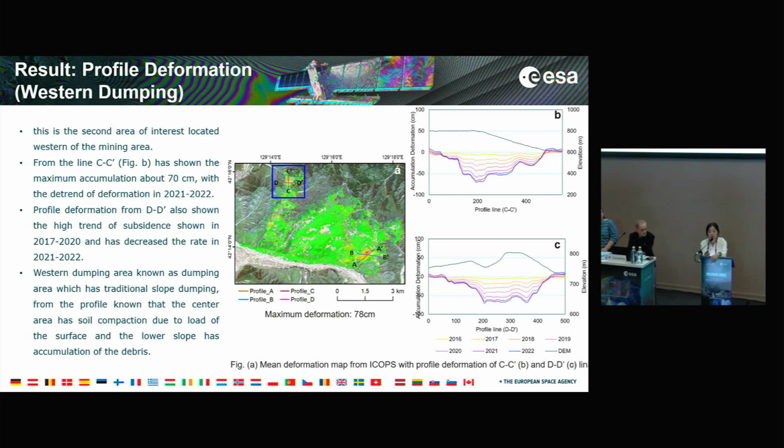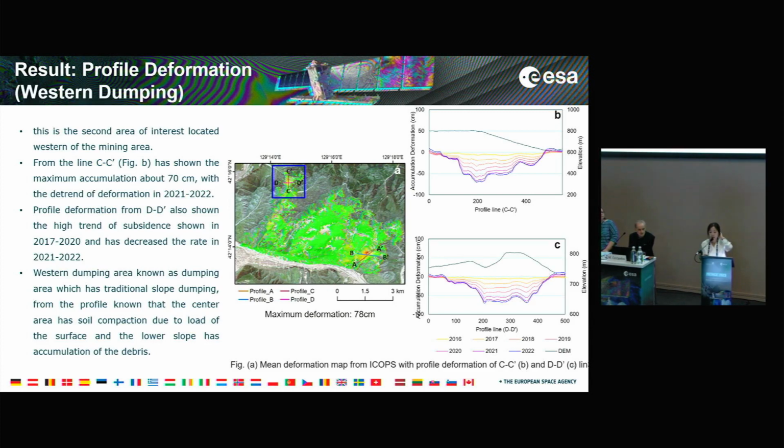The western dumping profile deformation, from line C to C', has shown a maximum accumulation of about 70 centimeters, and D to D' also shows a maximum deformation of 78 centimeters.